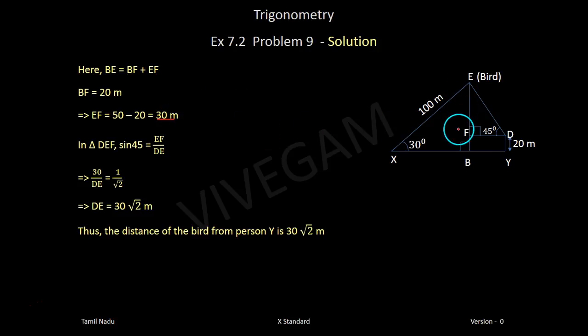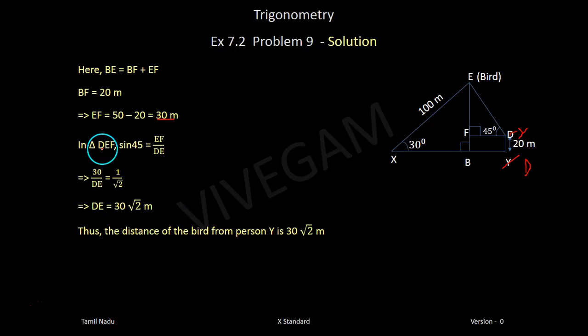Now take this triangle. Actually it is not DEF, it is YEF. Please correct it as I was just marking. This is Y. And let's put this as D. Very difficult to write.